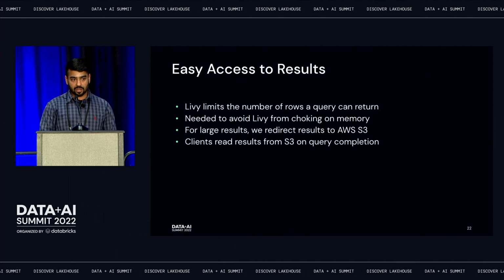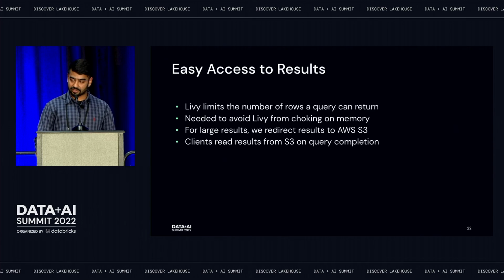We started wrapping all these select queries with an insert into directory statement. And this directory for us was on S3. By doing so, we made it easy for all executors to write the results directly to S3.